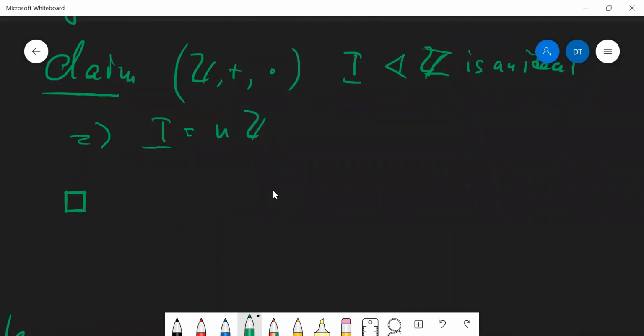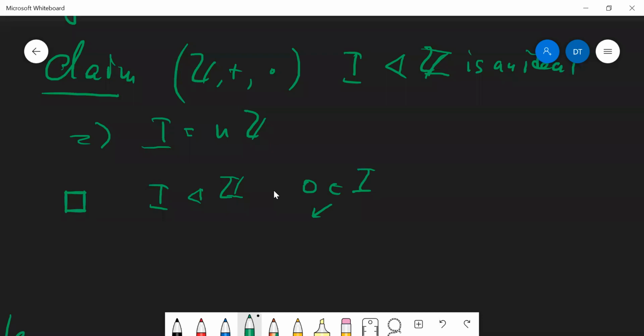So, let's take an arbitrary ideal. Since it's a subgroup in Z with addition, it must contain the zero element. So there must be zero inside I. And now we have two options.